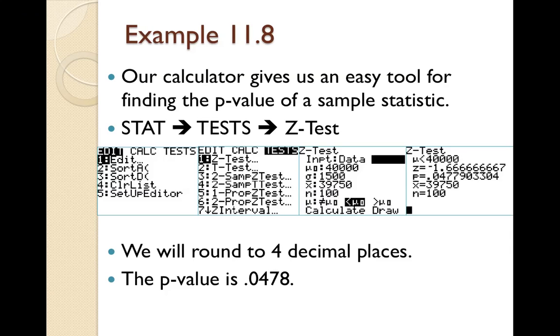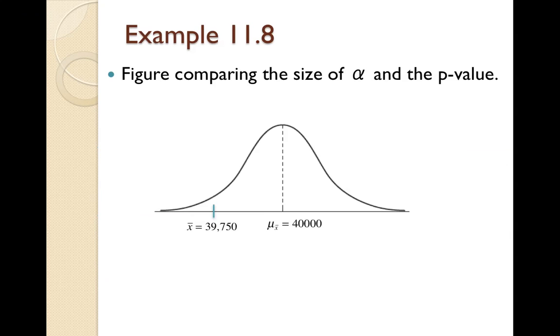So if we look at a picture now, the p-value is this area. I know this is kind of crude looking, but in orange, everything from negative infinity up until 39,750 is considered the p-value, and that it came out to be 0.0478.